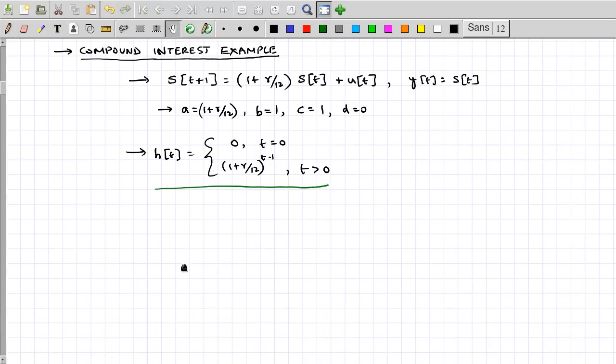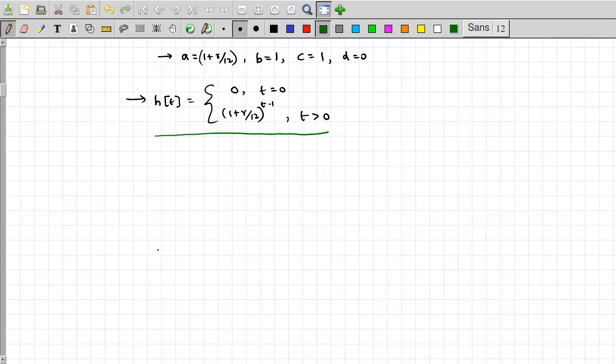Let's try to graph this impulse response.